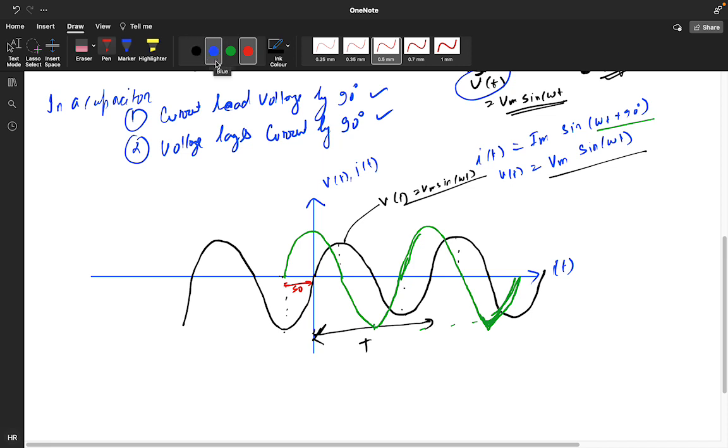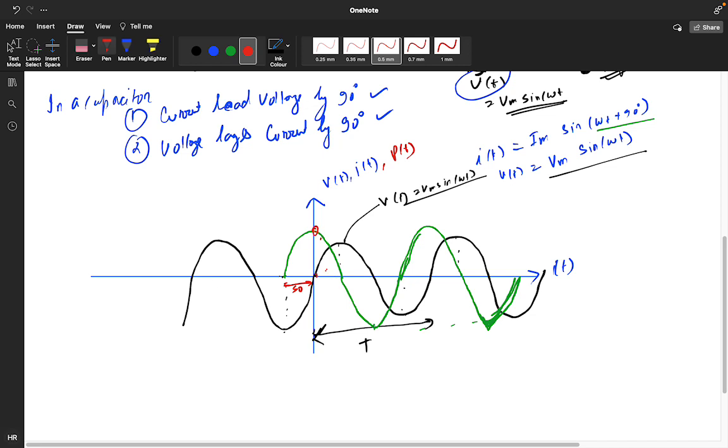What will be the power in this curve? Power is V of t into I of t. This is positive, this is positive. This is the maximum value, this is the 0 value.